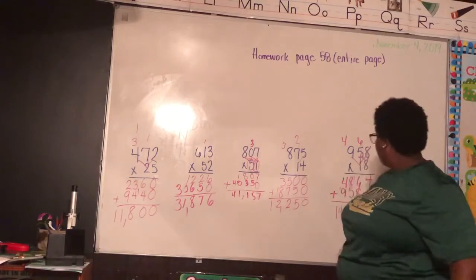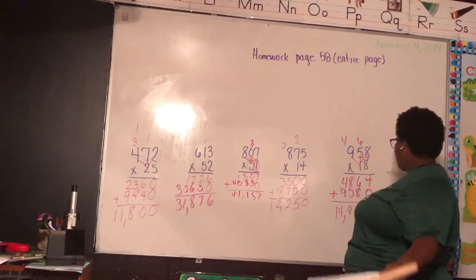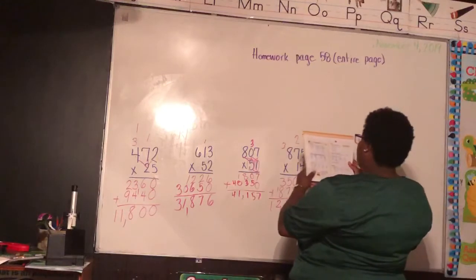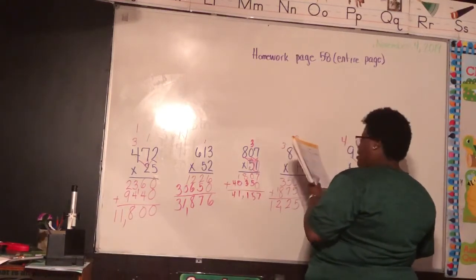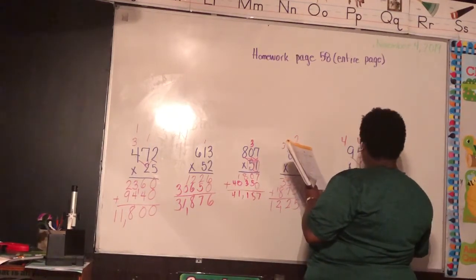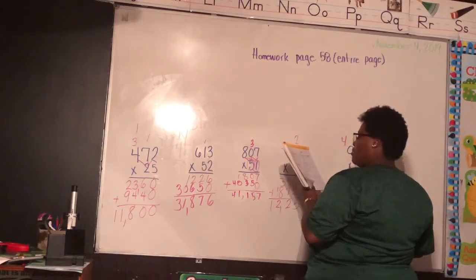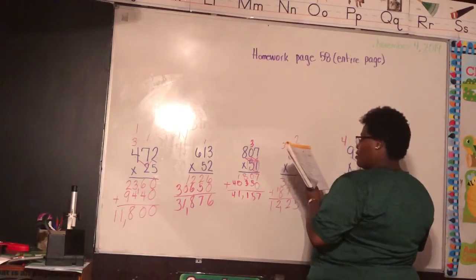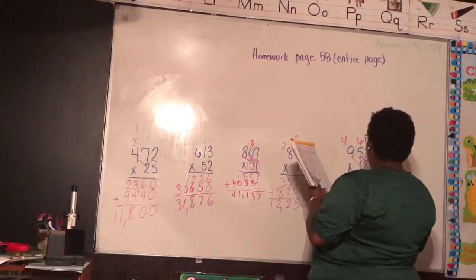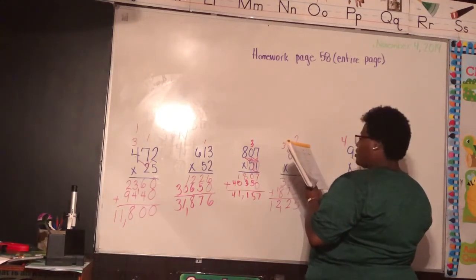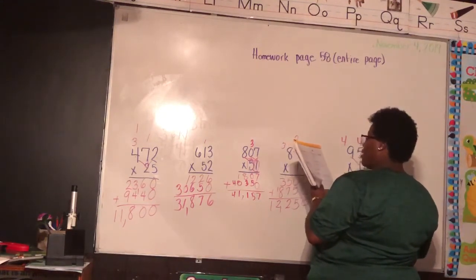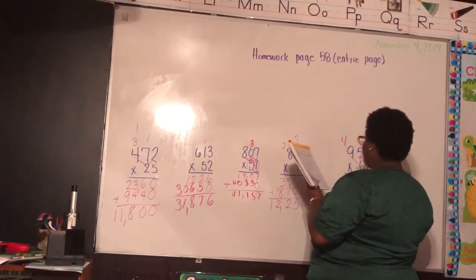Did I do something wrong? I think I did something wrong. Oh gosh, I did. This was my fault. I'm sorry, you guys. Erase that. I did not mean to do that.